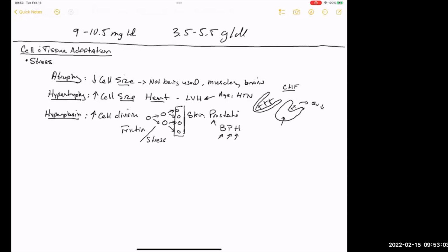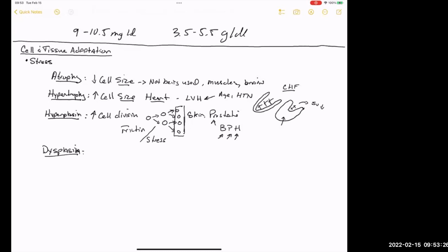All right. Another thing that can happen is something called dysplasia. Dysplasia is essentially where you have an alteration in the size, shape, organization.